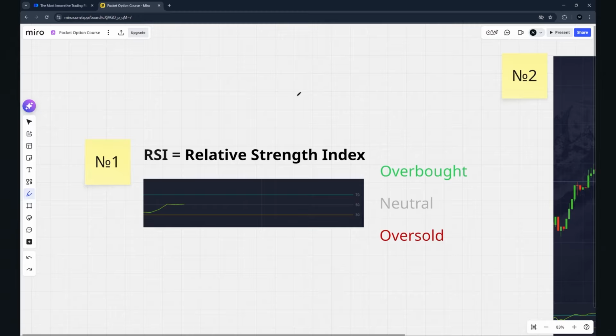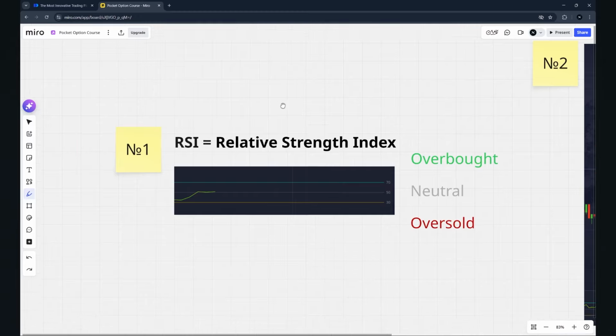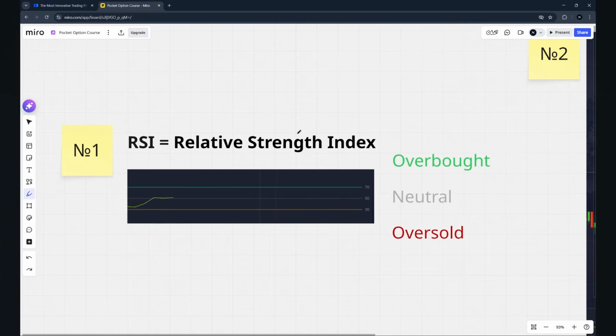RSI measures market momentum from 0 to 100. So let's look at the Miro board. Above 70, it means it's overbought. Everyone's too excited and price might drop. So when RSI moves above 70, it's overbought and price might drop in future.